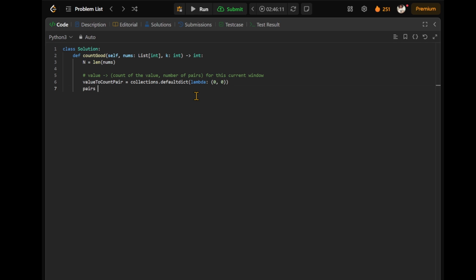And our pairs start out as 0. This is the number of pairs in the current window. Our answer starts out as 0, and our left pointer starts at 0.